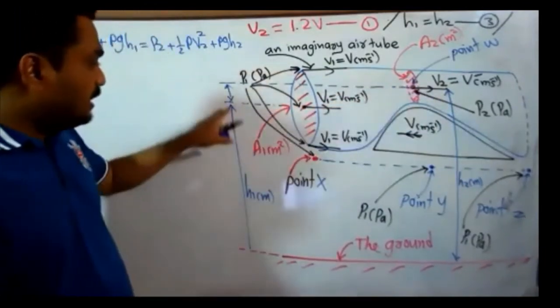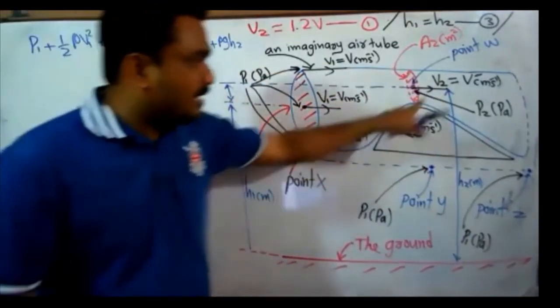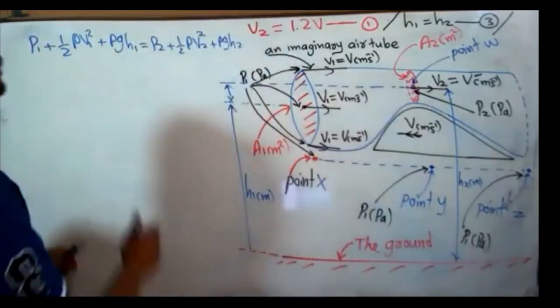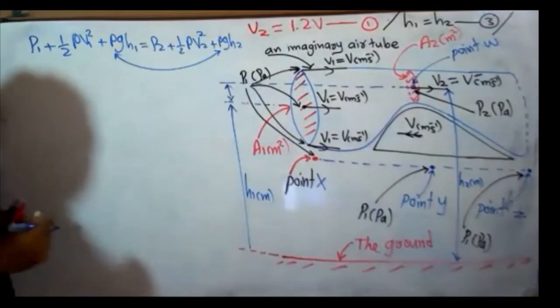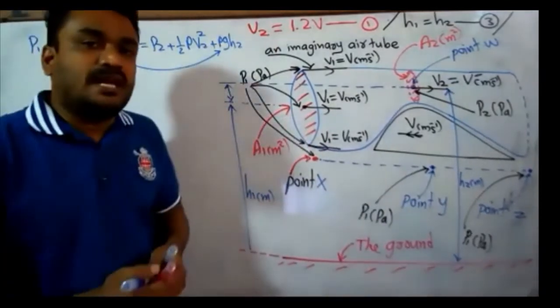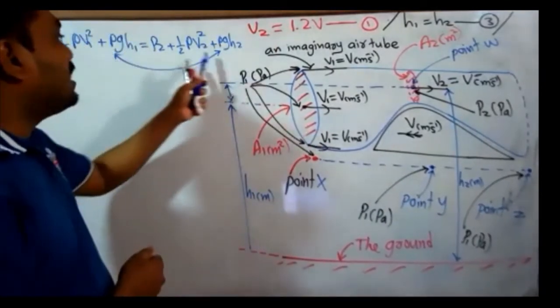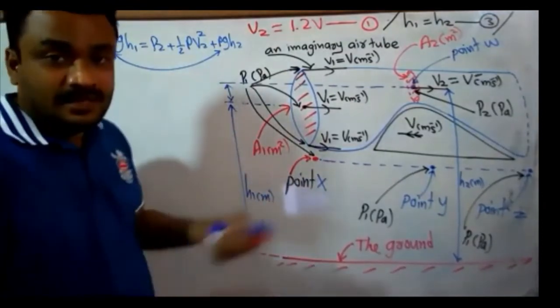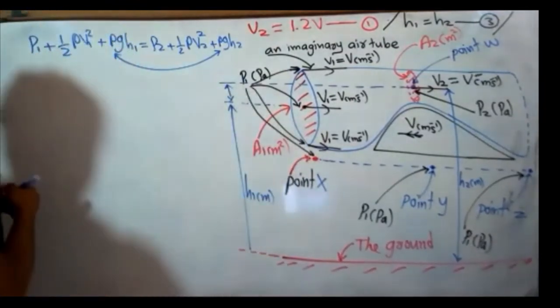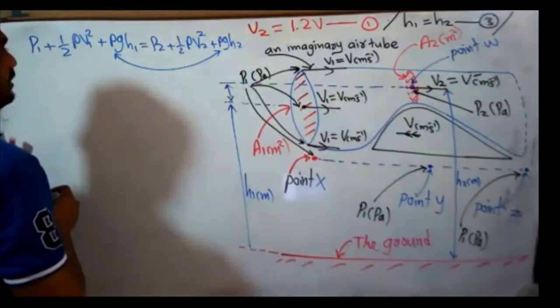Height is H1, height is H2. So what do you think about these rho gH1 and rho gH2 terms here? If H1 and H2 are approximately equal, they will be cancelled out. I can show it easily in the next step.